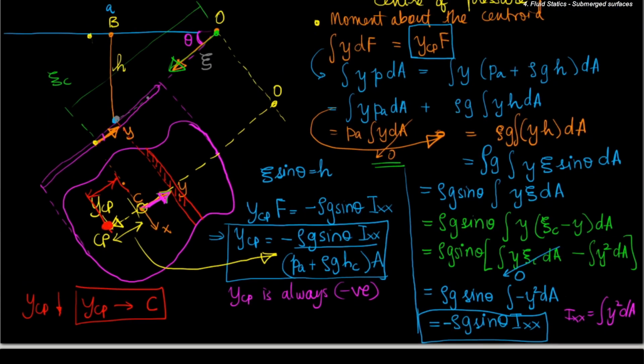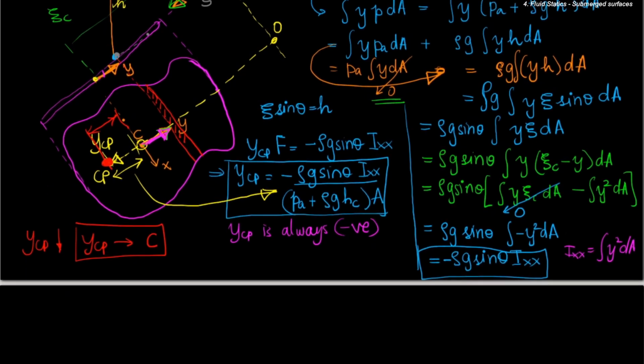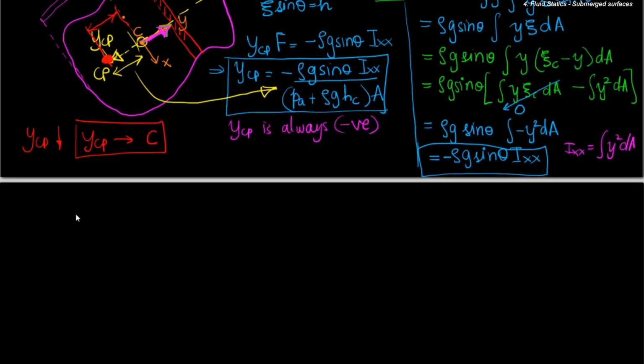In the same way, we can now determine the shift of the X center of pressure from the centroid. For this purpose, let me again refer to this particular schematic. Like above, we will have X center of pressure times the force, and it should be equal to the integral of X times dF, and this would be equal to the integral of X times P dA.